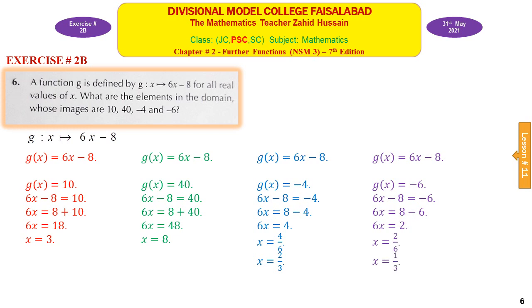X is equal to 2 by 6 and x is equal to 1 by 3. So this is how we will solve question number 6. The function is given, the value of y, that is the value of this function at some point x, is given. You are asked to find that value of x which when you put in this function you get this value of y.